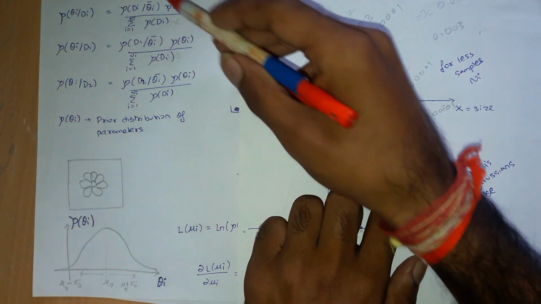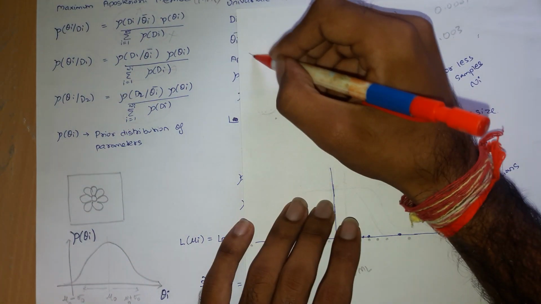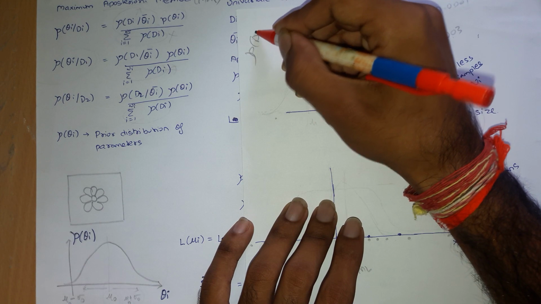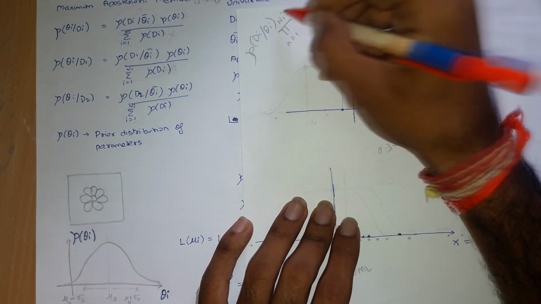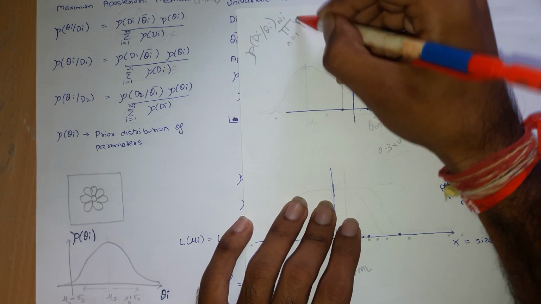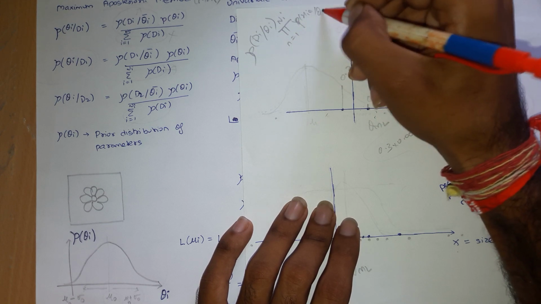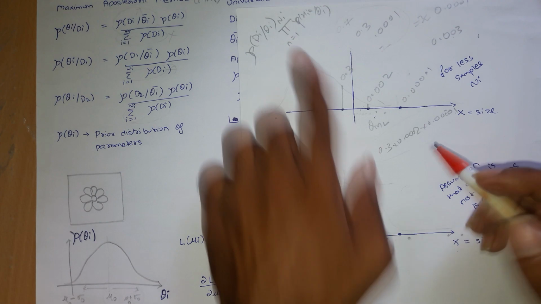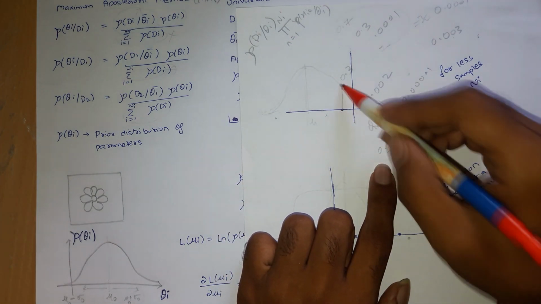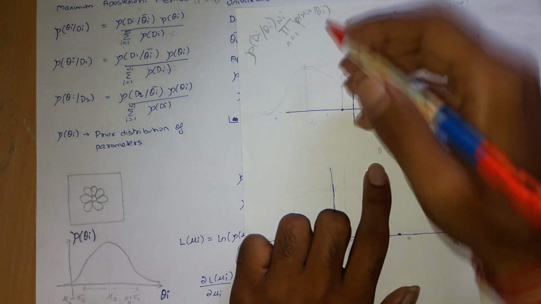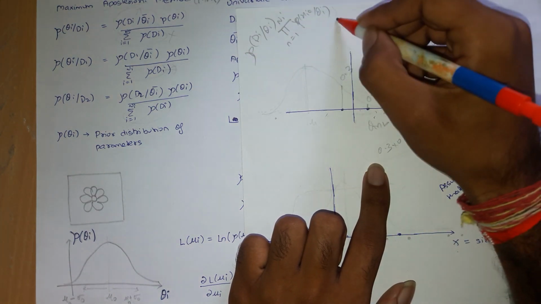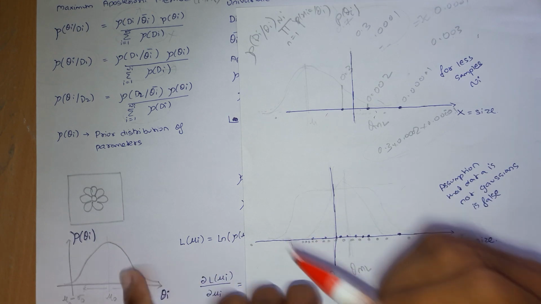Remember that P of D_i given theta_i I had written as the product from n equal to 1 to N_i of probability of x_i^n given theta_i. We are taking the product for every sample, and this is further multiplied by probability of theta_i, that is the prior information.